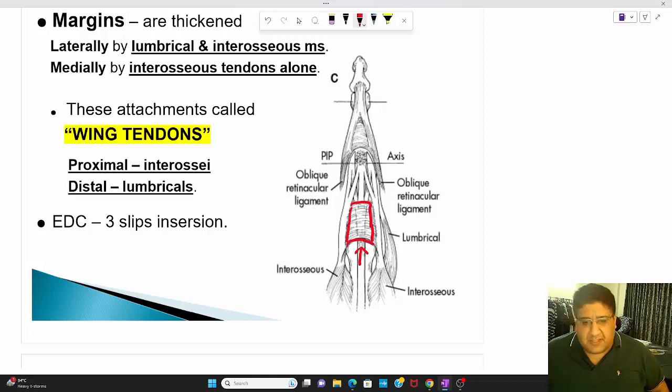From the lateral side, you can see an interossei coming into the whole thing, and you can see a lumbrical also coming into the whole thing. So ये सब जो है, ये lateral band के lateral margin पे जाके connect हो रहे हैं.